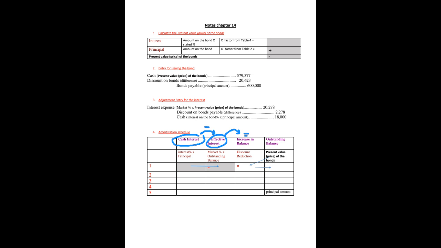And of course, in the last column, we will start with the present value and then add the discount reduction to have the second outstanding balance. And again, we'll continue to the last payment until we reach the principal amount.